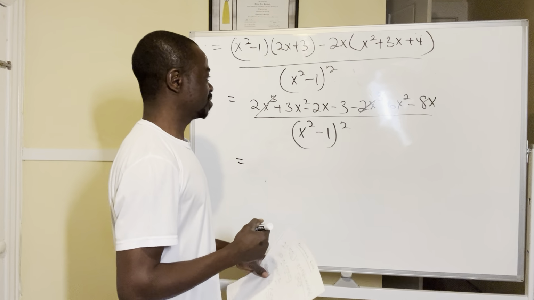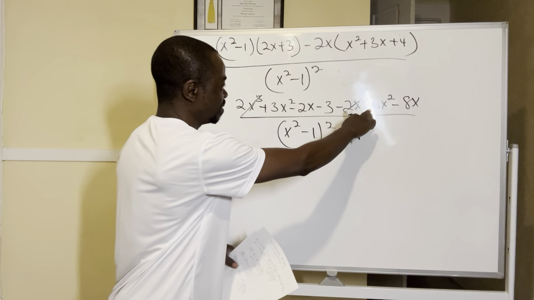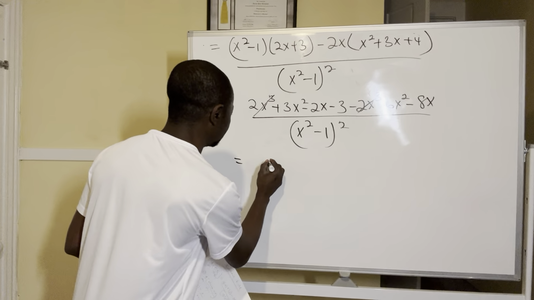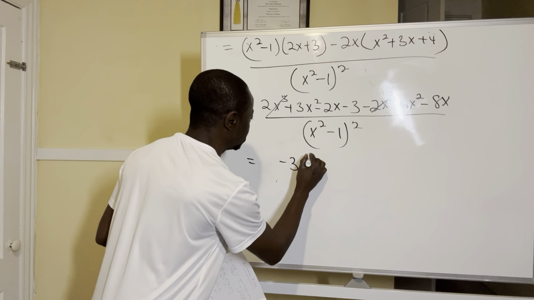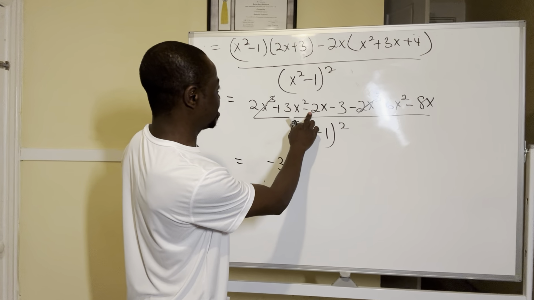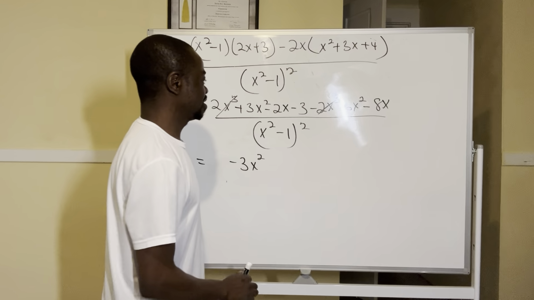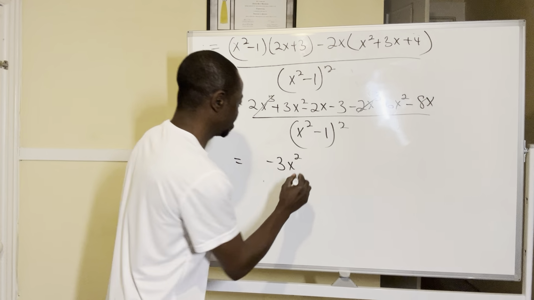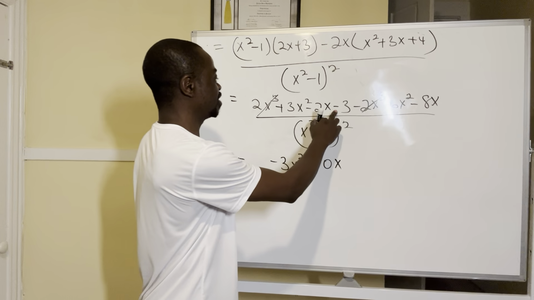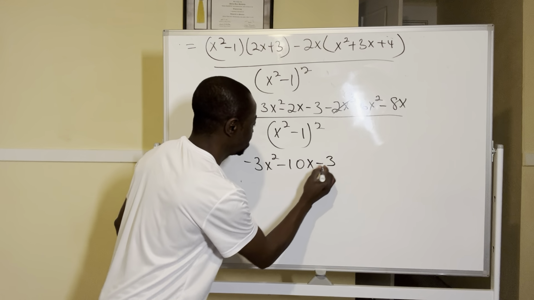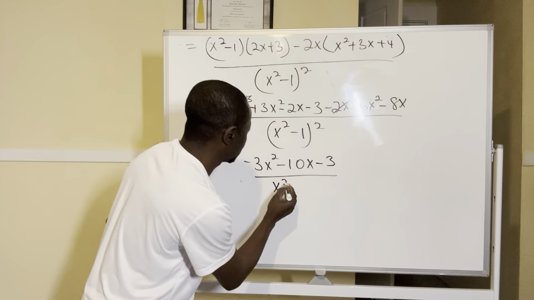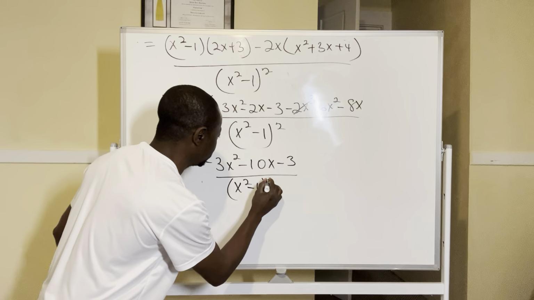Now we have 3x squared and minus 6x squared, which give us minus 3x squared. Then we have minus 2x and minus 8x, which give us minus 10x. Then we have a constant term, which is minus 3, all over x squared minus 1 all raised to the power 2.